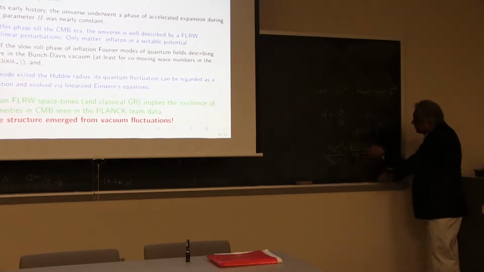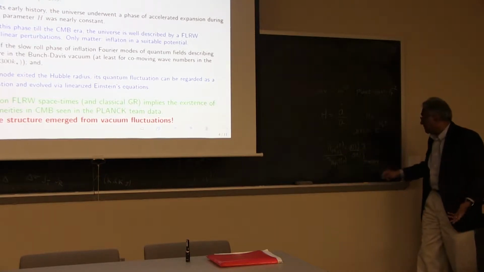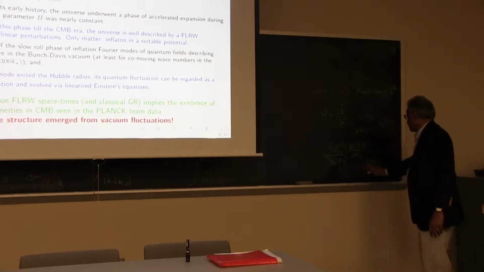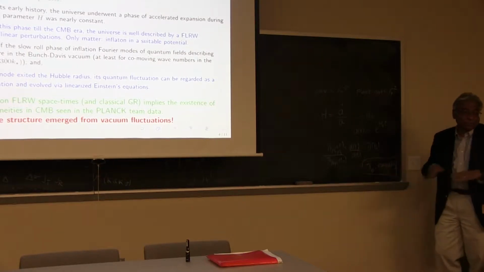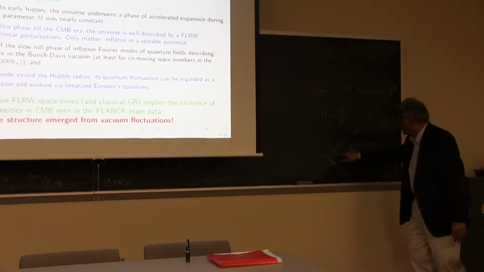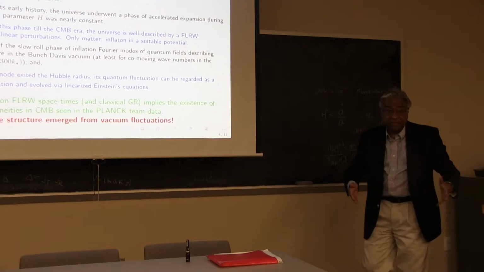So as the universe expands, as the scale factor becomes larger and larger, the co-moving wavelength, lambda naught, does not change. This is just constant, because you are just taking a Fourier transform with respect to some fiducial metric up here, that is just constant. But the physical wavelength then grows exponentially.